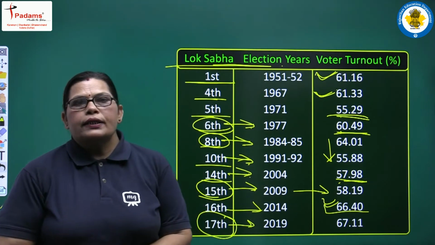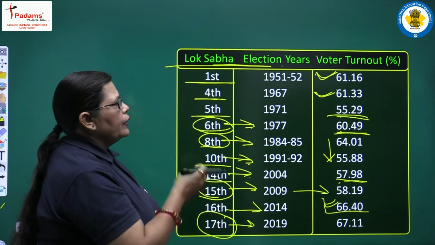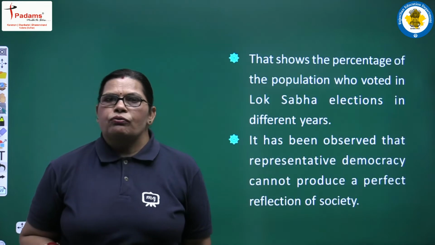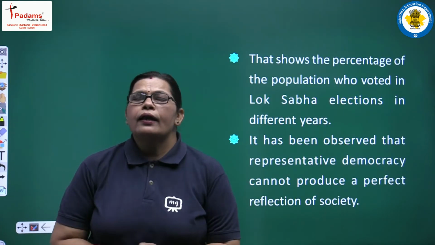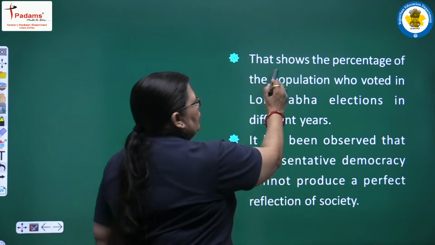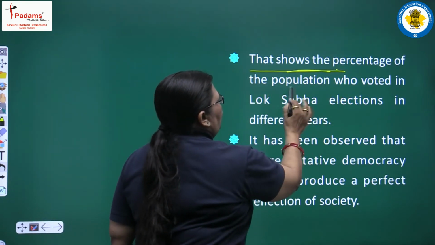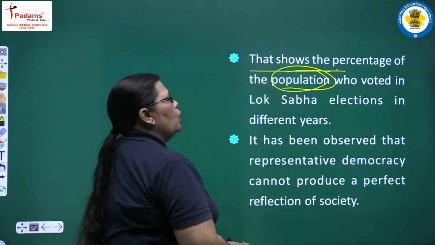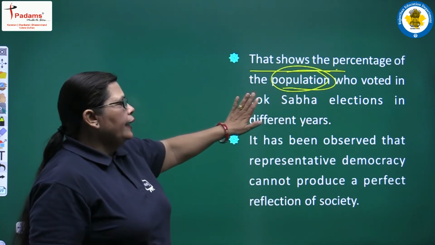But what's the important thing? The important thing is the participation of the people to elect their representatives for the parliament. That shows the percentage of the population who voted in the Lok Sabha elections in different years.